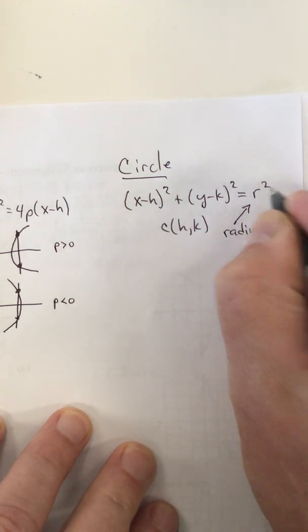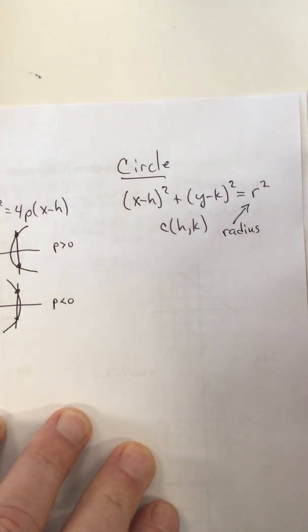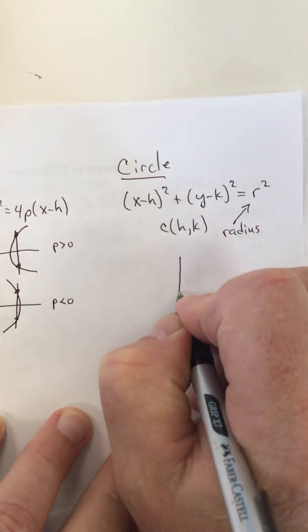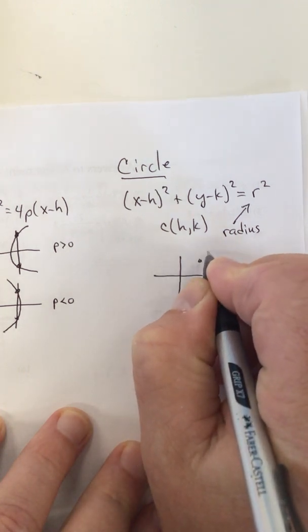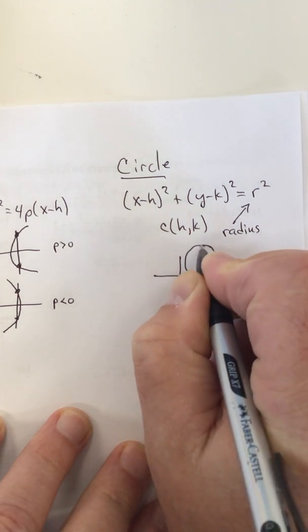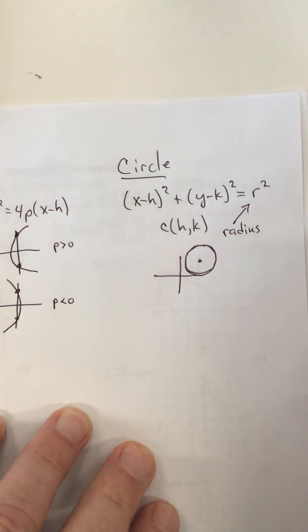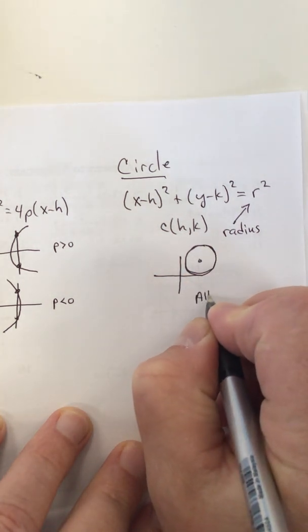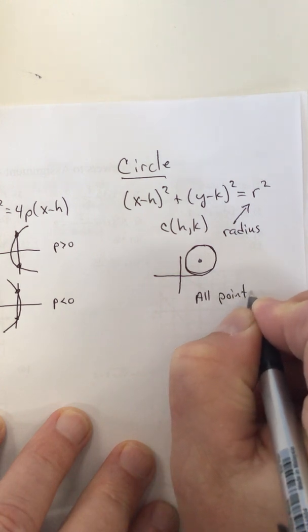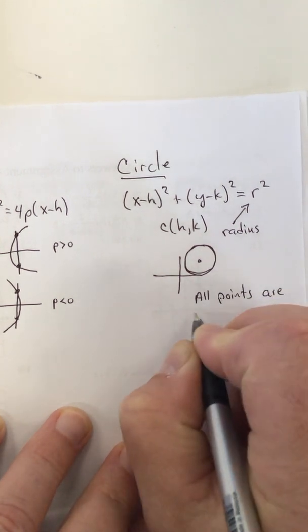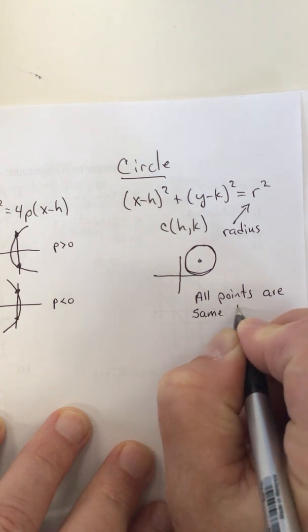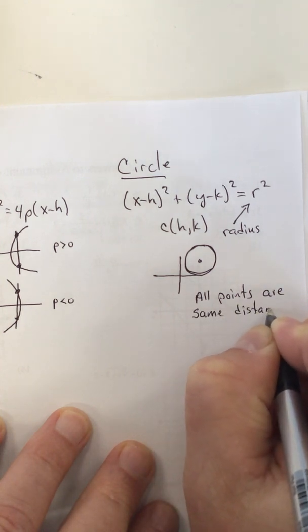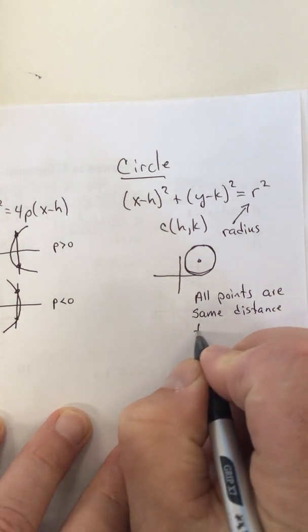So that number will have to be square rooted and it will be the radius. Okay, so these basically look like, I mean, you have a center and then you have a circle around. It creates a circle. The thing that we know about this is all points are the same distance to the center.